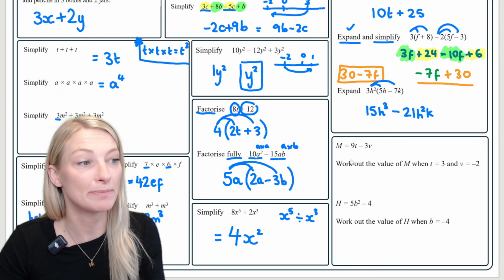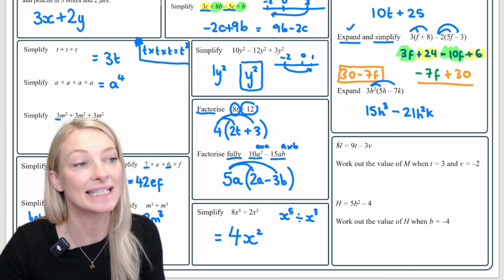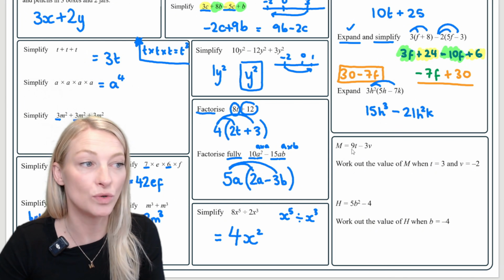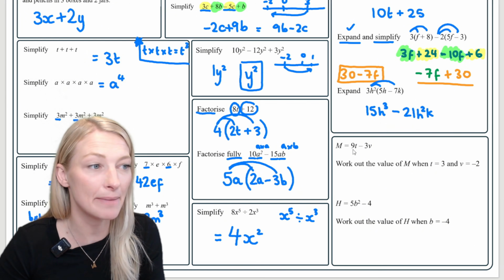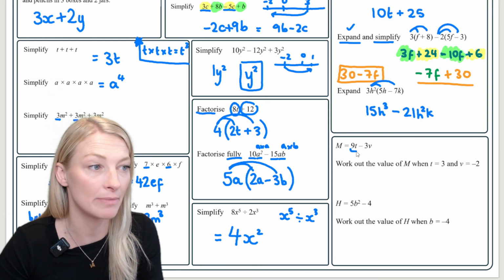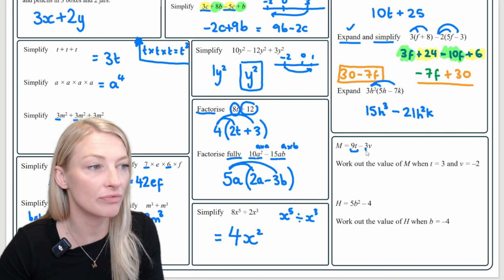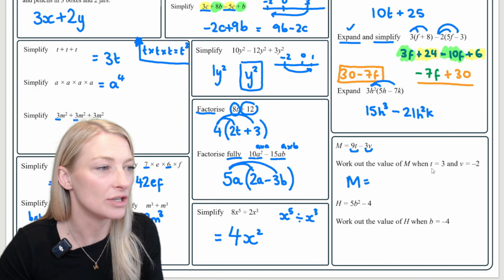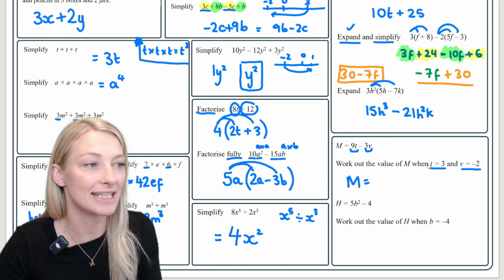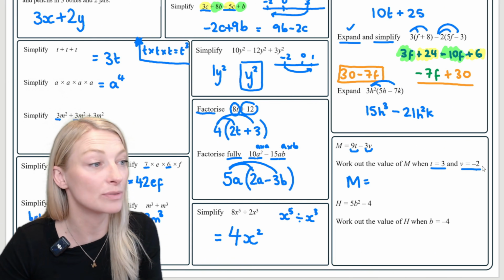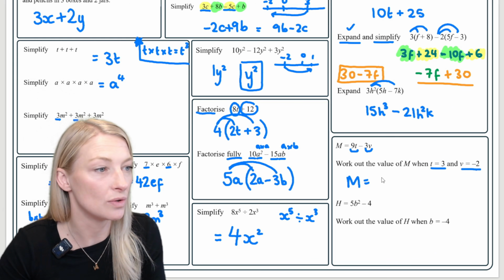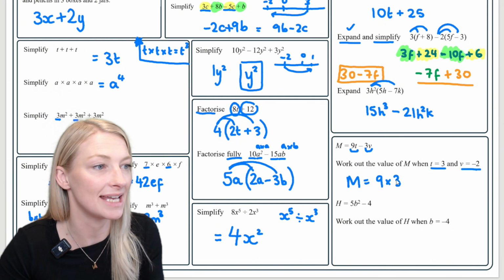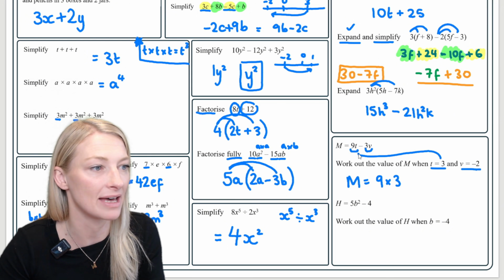Last section on this page, and we are substituting. It says m is equal to 9t minus 3v. And that means 9 lots of t, they're multiplying together. And then we're going to do 3 lots of v and take it away. So to get m, we need to use these values. Now they're telling us that t is worth 3 and v is worth minus 2. So let's do 9 lots of 3. That t is now becoming 3. We're popping that there.